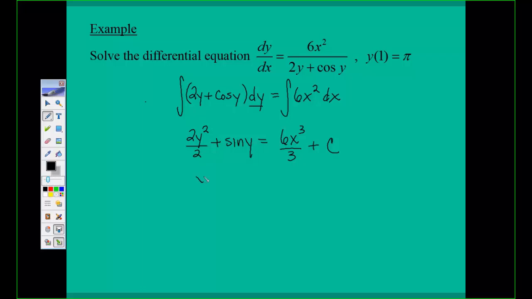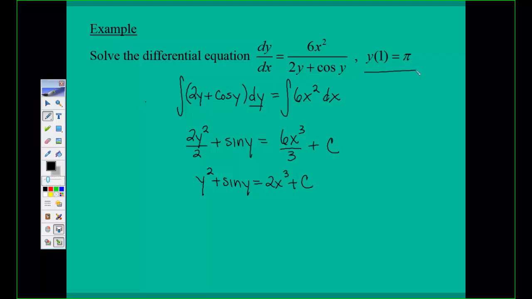If we simplify this a little bit, we would have the solution to our differential equation. We cannot write this one in explicit form. We can't solve for y, so we would leave it like this.